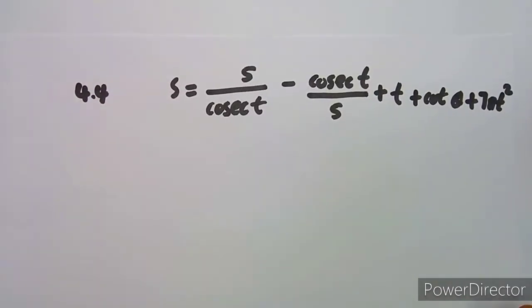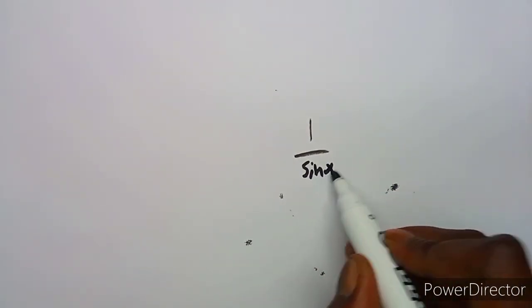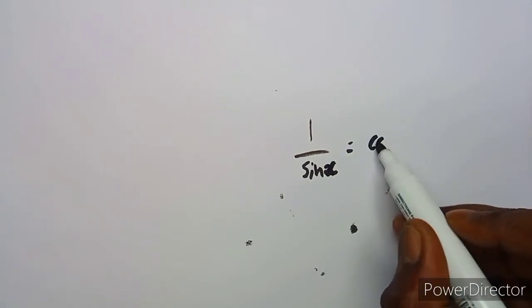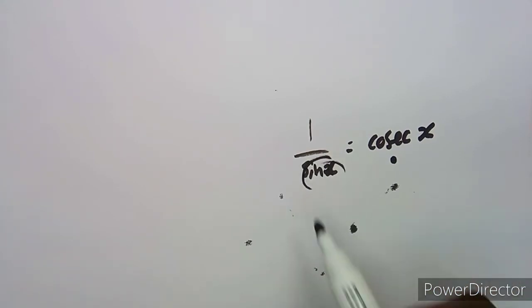All right, so guys, we know that actually, sec 1 cosec, we can't work with that directly, but cosec is 1 over sine. This is it, 1 over sine x gives us cosec x. So 1 over cosec gives us sine x.